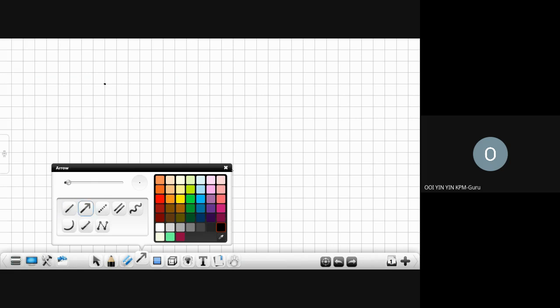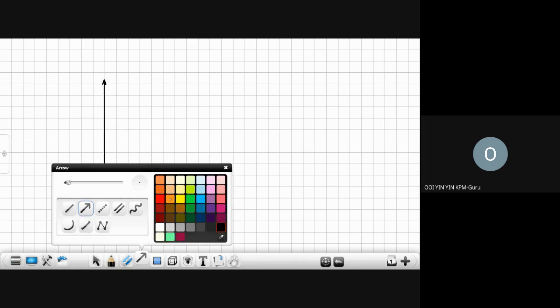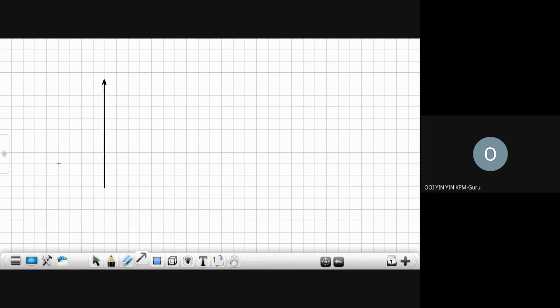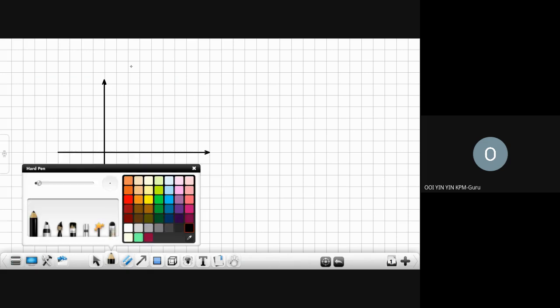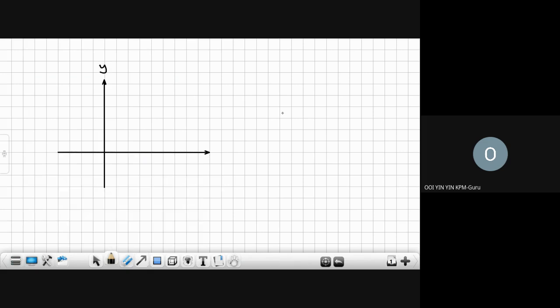You have your y-axis, and then somewhere from here under here, your x-axis. Label y-axis, x-axis.